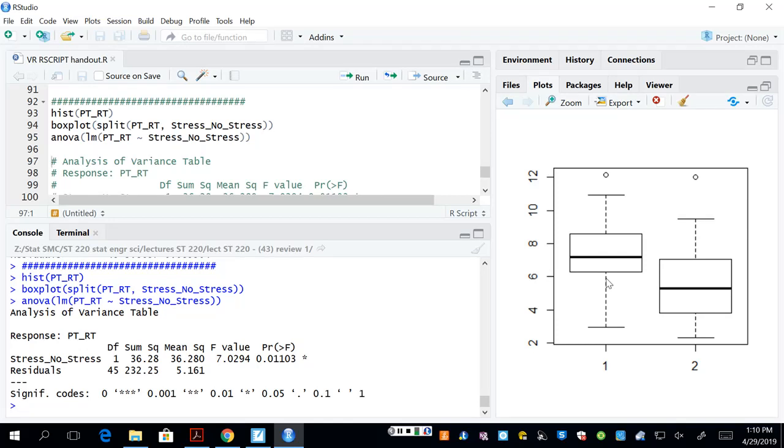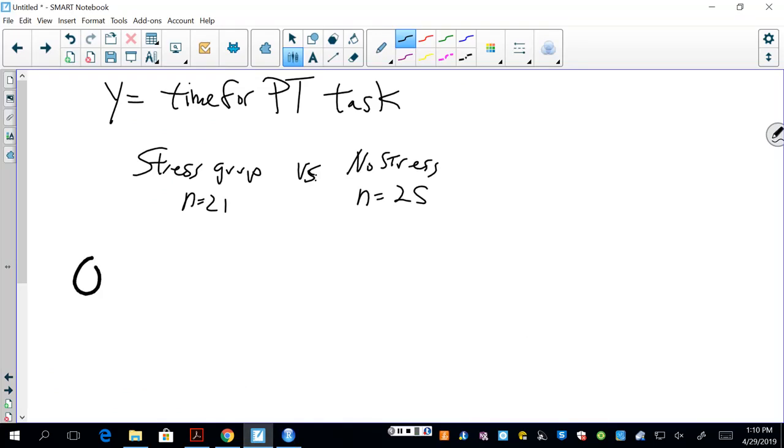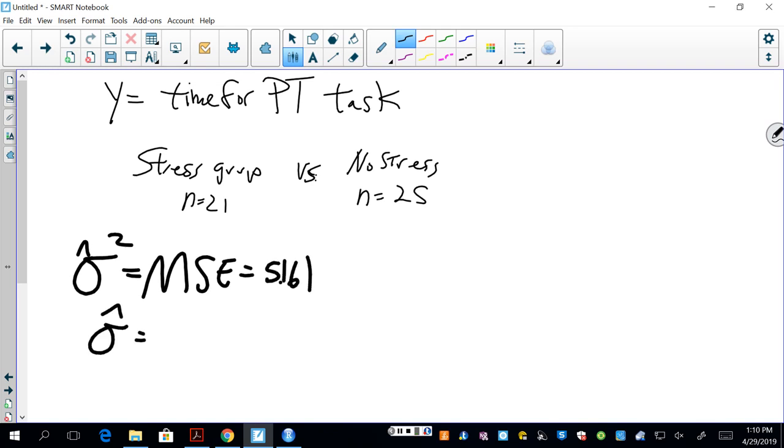So if we got this, we could ask, well, what is the difference in means? How different are these on average? This 5.161 here is the square of our estimate, so our sigma hat is the square root of that, your root mean square error.